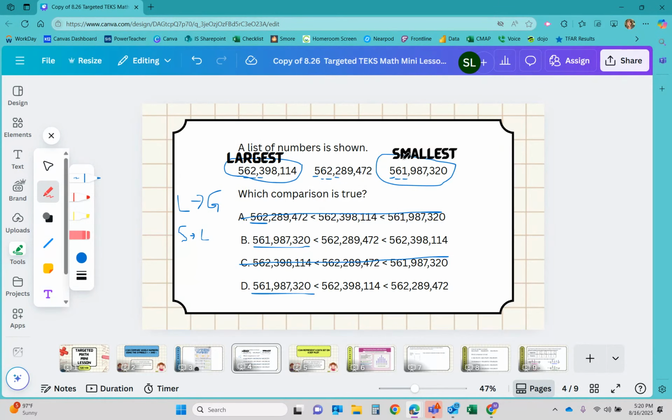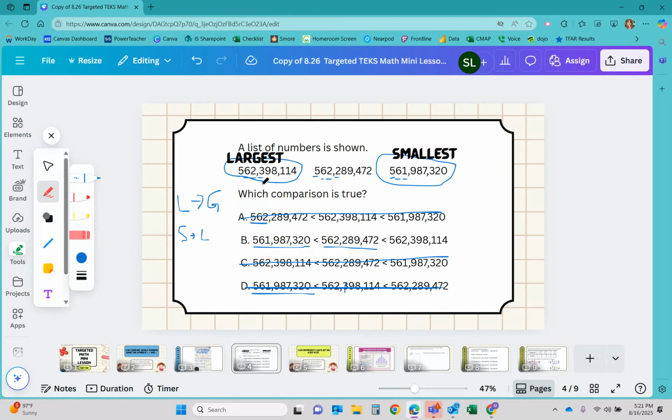Now we're going to get our second smallest number, which was here in the middle. And we have 5, 6, 2, 2. 5, 6, 2, 3. Oh, that's not right, is it? So I'm going to mark that one out. Let's check this one. 5, 6, 2, 2. Okay, we're getting somewhere. That is the same number that needs to be there, but we always have to check and make sure we're good.